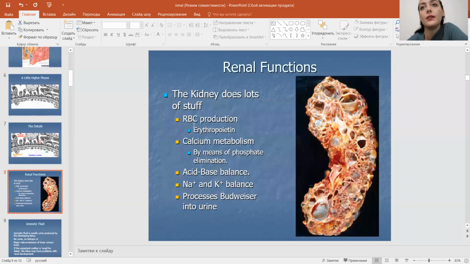Renal functions: the kidney does lots of stuff. RBC production, red blood cells, erythropoietin, calcium metabolism by means of phosphate elimination, acid-base balance, natrium and kalium balance, and processes both ways into urine.